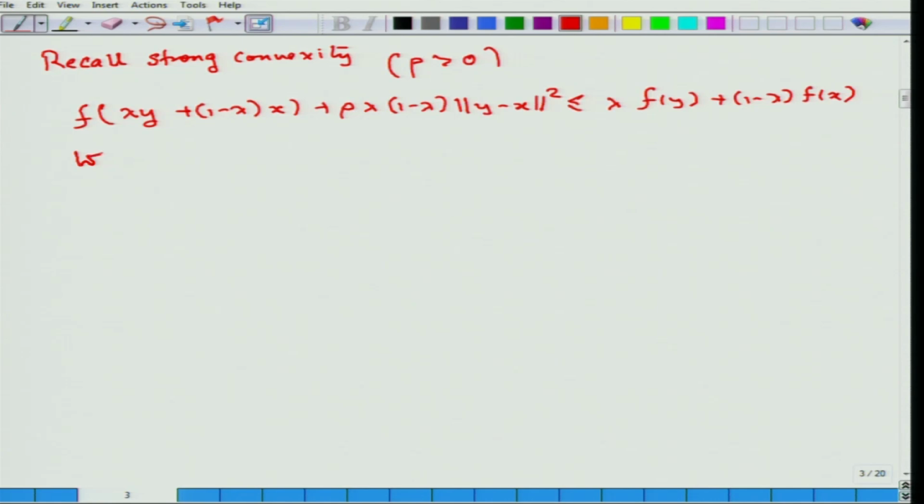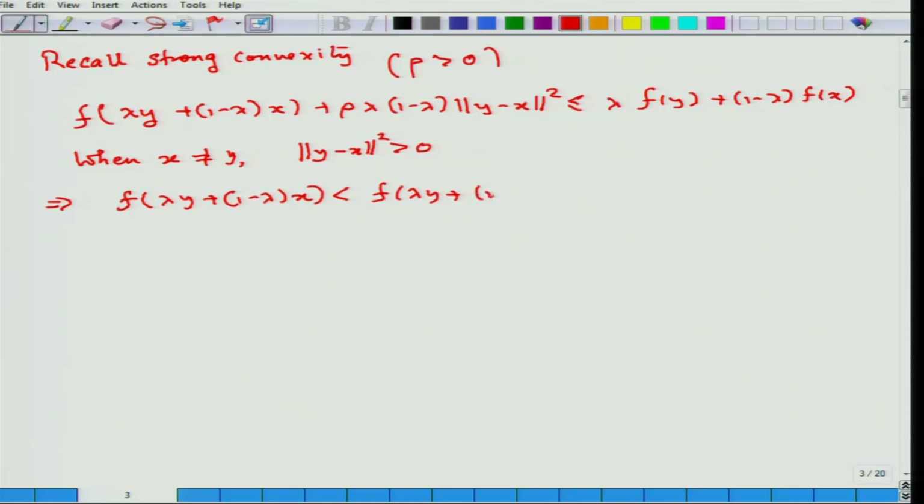Now, when x is not equal to y, norm of y minus x whole square is strictly bigger than 0, and this would imply that f of lambda y plus 1 minus lambda x is strictly less than f of lambda y plus 1 minus lambda x plus the extra term. So, you have added a positive number to this, so it gets a strict reduction.